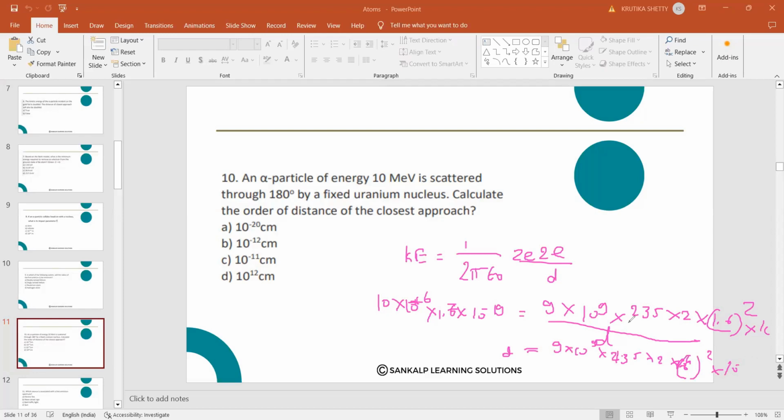So 19 and 6 gives minus 13, and minus 3 remains. Then 10 into 1.6 is 16. Therefore it becomes 16 into 10 raised to plus 3.